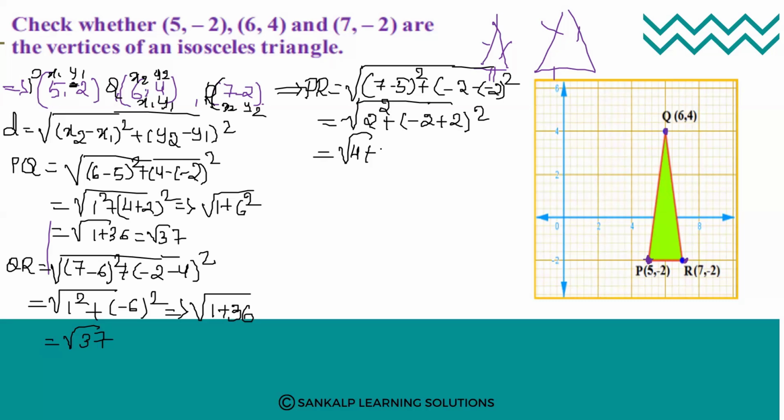You will get only 4, right? So 4 is a perfect square number. A number whose square is 4, that is 2. That means PR value is 2. Okay. PR value is 2.